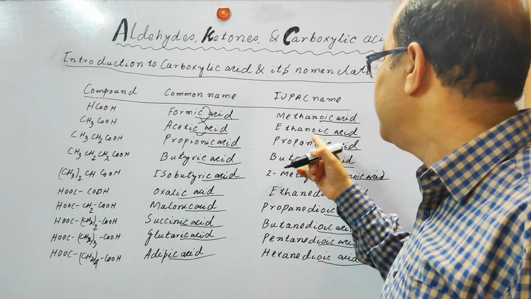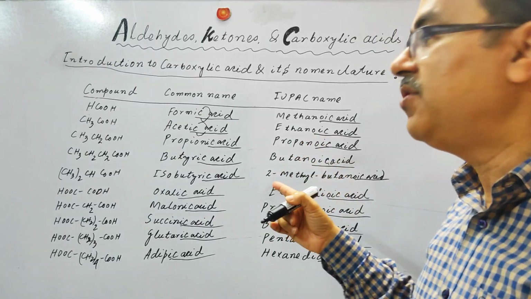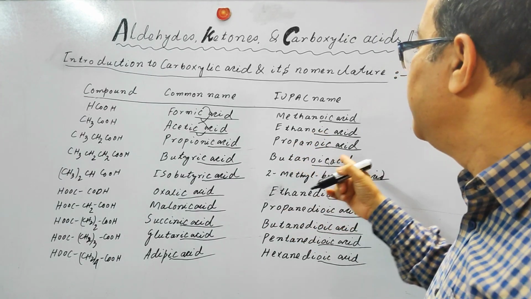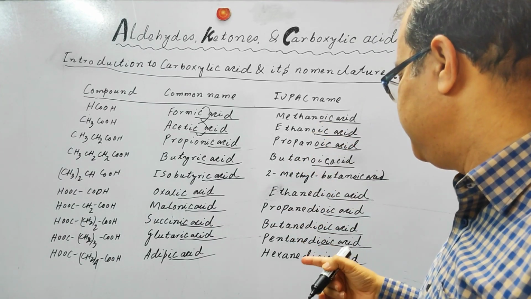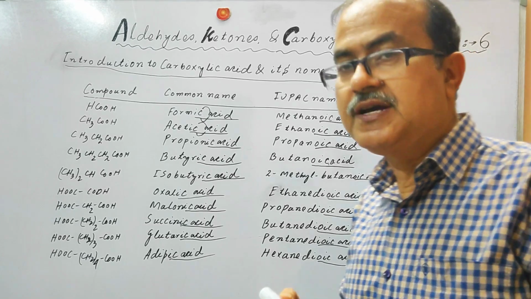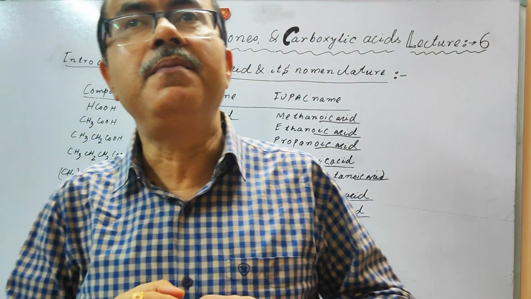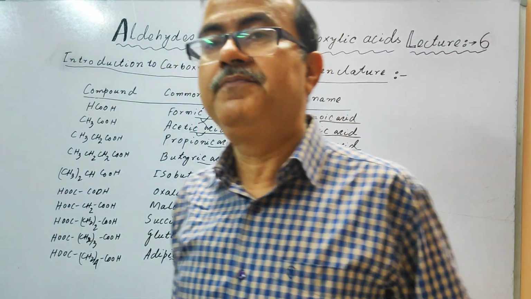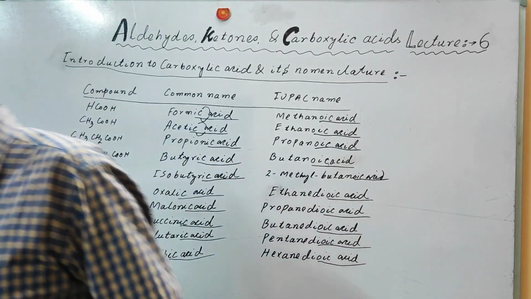In the case of one, you do not retain the E; it is replaced by oic acid. Now we will discuss the common names of some aromatic carboxylic acids.